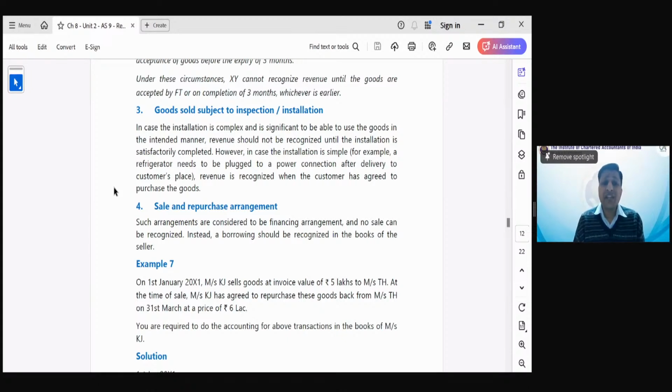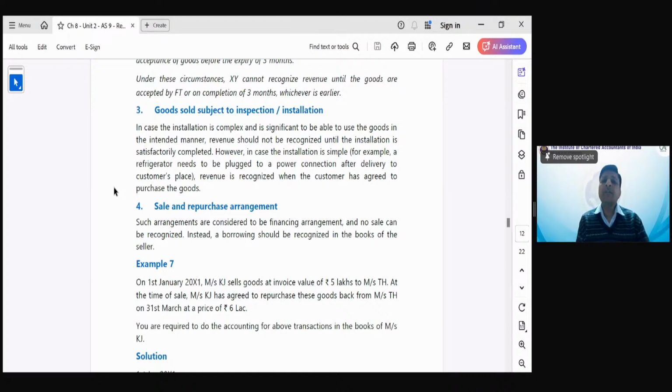At the time of sale, KJ has agreed to repurchase these goods back from TH on 31st of March at a price of 6 lakhs. Means on 1st January itself, another contract has been entered into by both these parties.